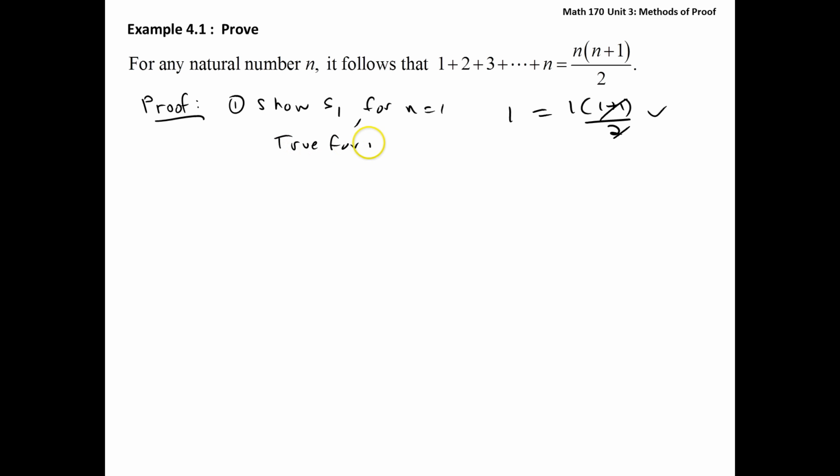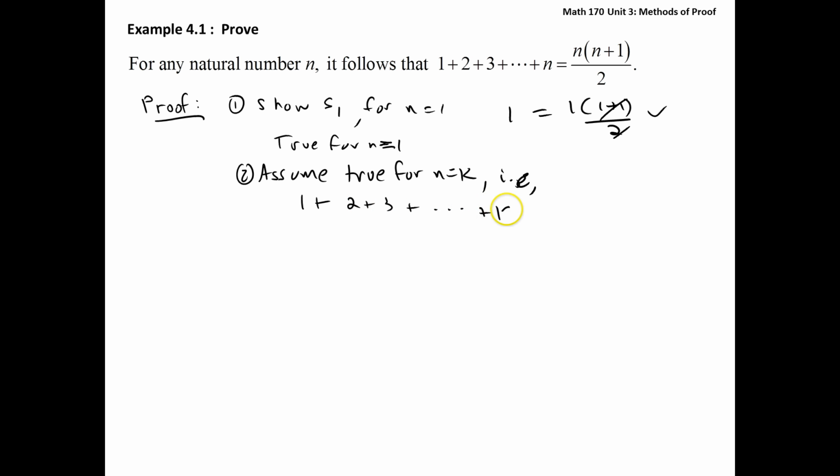Now we can assume that it's true for n equals k. That is to say that 1 plus 2 plus 3 all the way up to k is equal to k times k plus 1 all over 2.